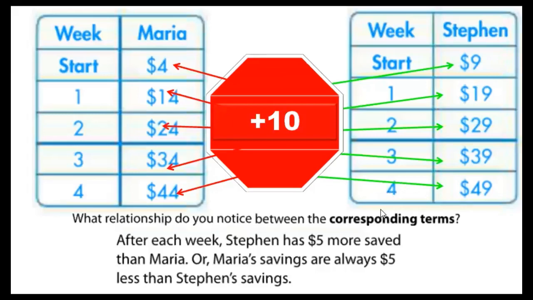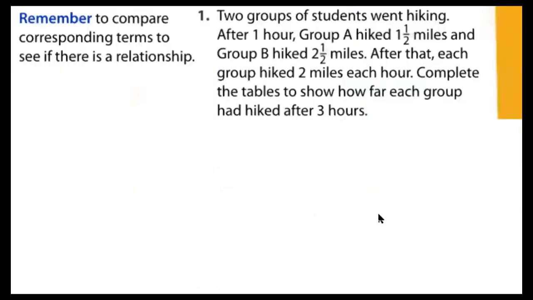Okay, my dear. Remember to compare corresponding terms to see if there is a relationship. Number one, two groups of students went hiking.